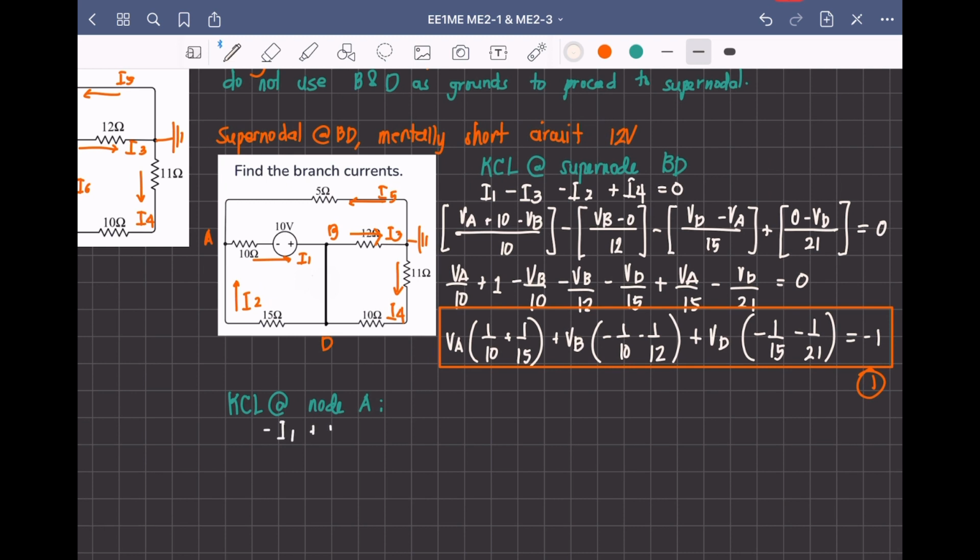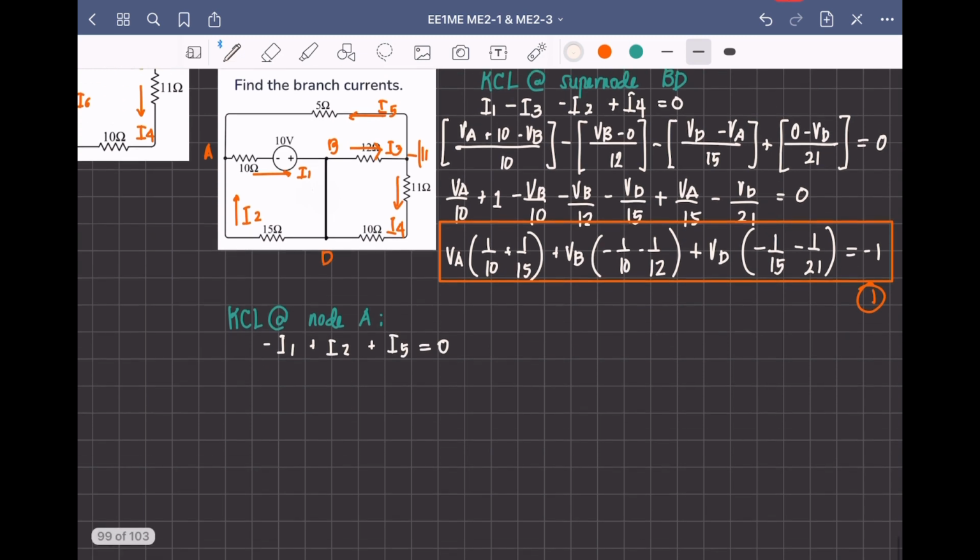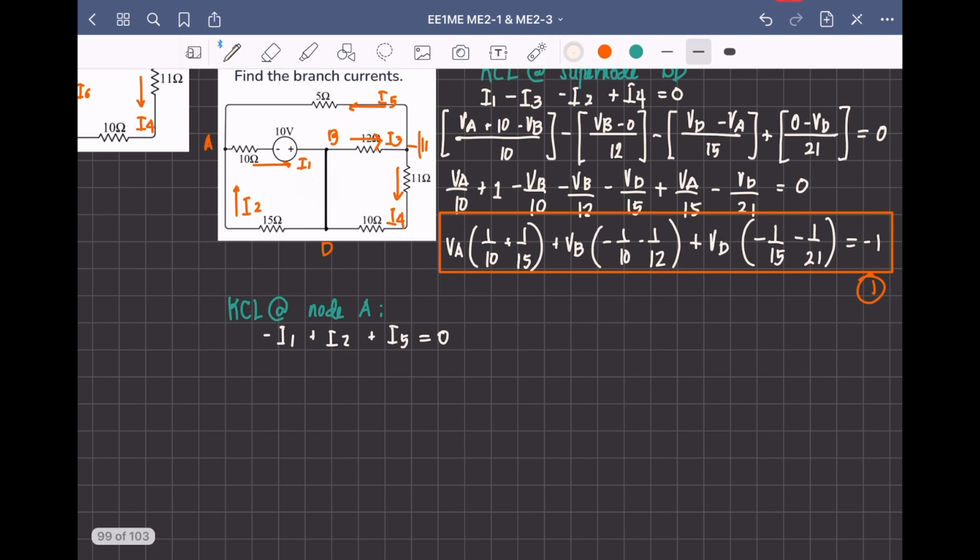You have positive I sub 2, and then positive I sub 5, and then equate that to 0. Okay? So tracing, you get there negative of I1. I1 is VA plus 10 minus VB all over 10 ohms, this is actually similar to the nodal analysis we did kanina. Previously, plus I2.